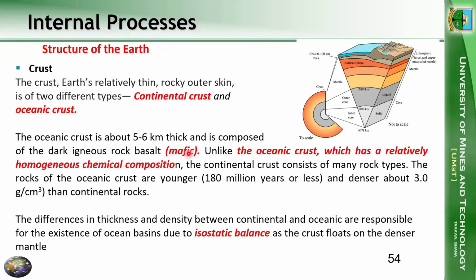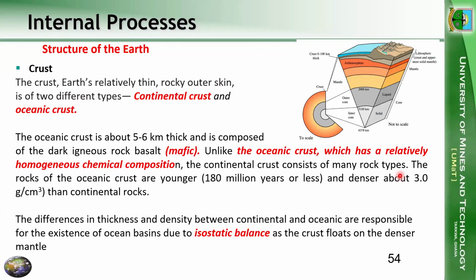This is typically very dark, and the geologic term for something very dark is mafic. Unlike the oceanic crust, which has a relatively homogeneous chemical composition, the continental crust consists of many rock types. The oceanic crust also has younger rock. That is, the ages of the rocks are much younger compared to the continental crust.